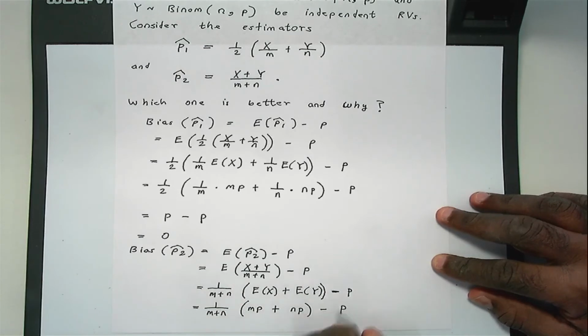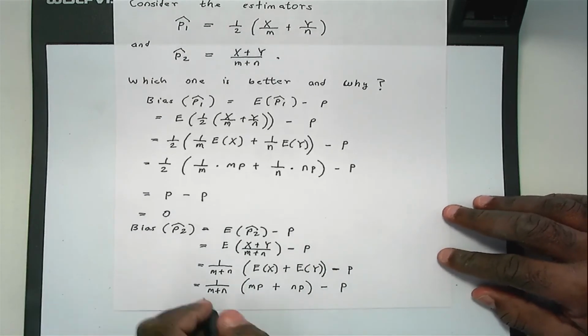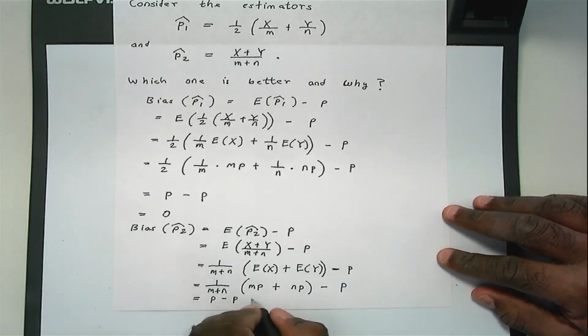So once again you have p minus p, which is 0.